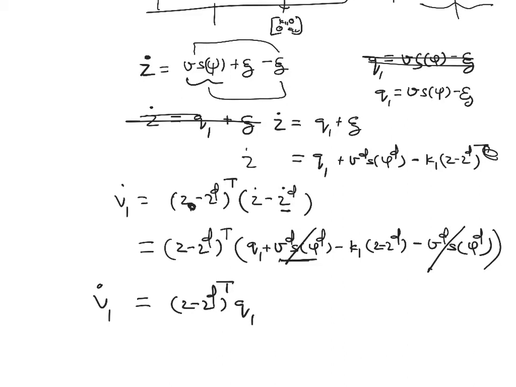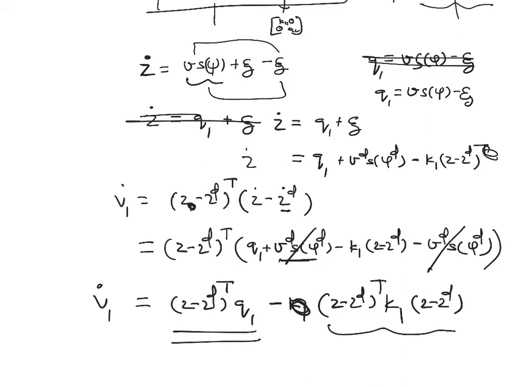I'm just using whatever is there in the notes so that you have something to look for, but error coordinates would have made things a little easier. And this is minus z minus zd transpose k1 z minus zd. So this is negative definite, but we have this term that still sticks there.